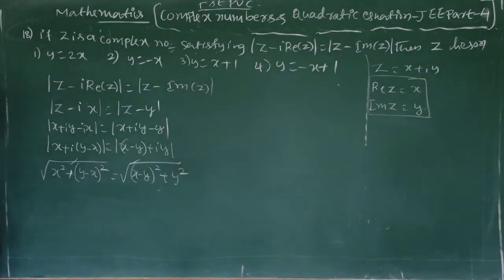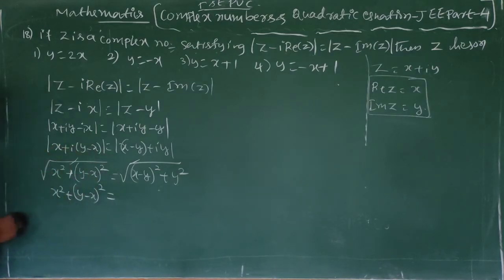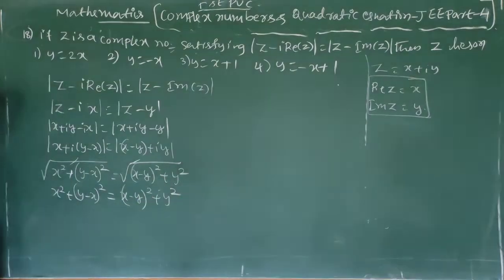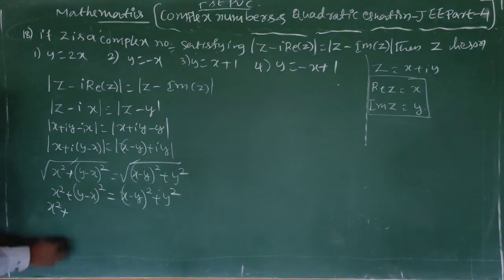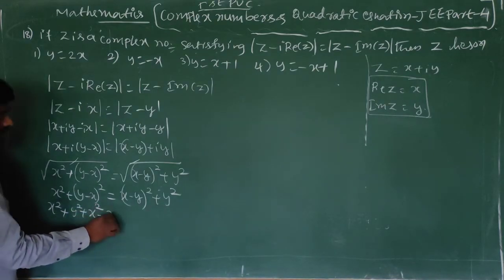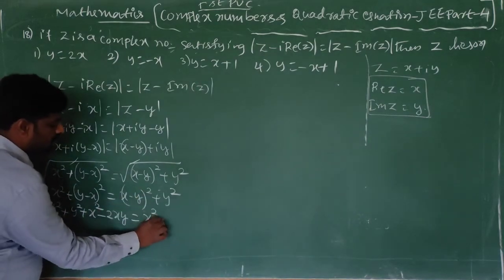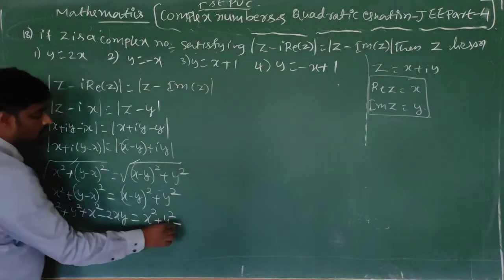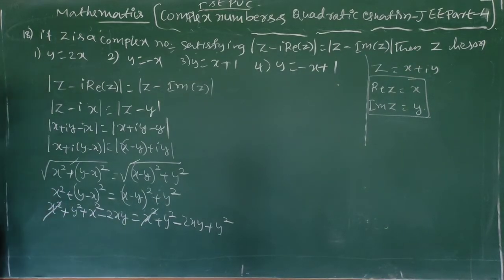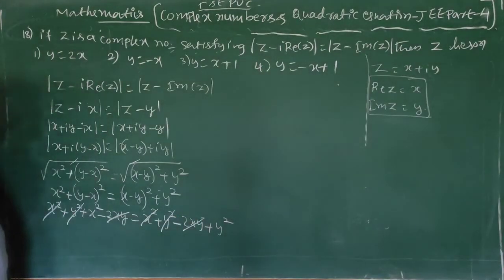Square root cancel. x square plus (y minus x) whole square equals (x minus y) whole square plus y square. x square as it is, (y minus x) whole square is y square plus x square minus 2xy, equals (x minus y) whole square, which is x square plus y square minus 2xy, plus y square. x square cancel. y square cancel. Minus 2xy plus 2xy cancel.